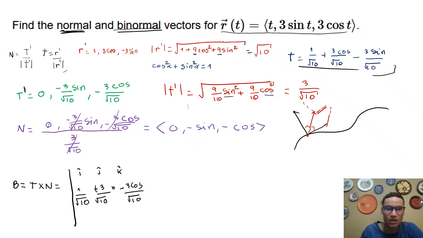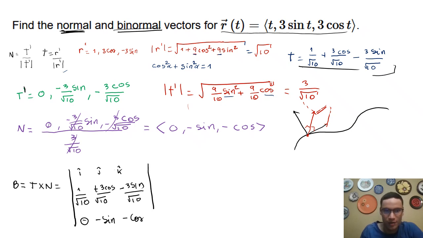Here is cosine, and here is sine. Oh my god, I was messing up. Here's the cosine. And here is the sine. And we put the normal vector here. The normal vector will be 0, minus sine and minus cosine.